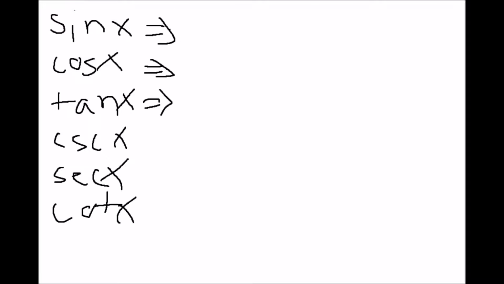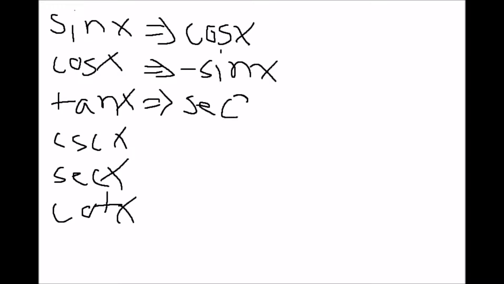The derivative of sine x is cosine x, the derivative of cosine x is negative sine x, and the derivative of tangent x is secant squared x. The derivative of cosecant x is negative cosecant x times cotangent x.